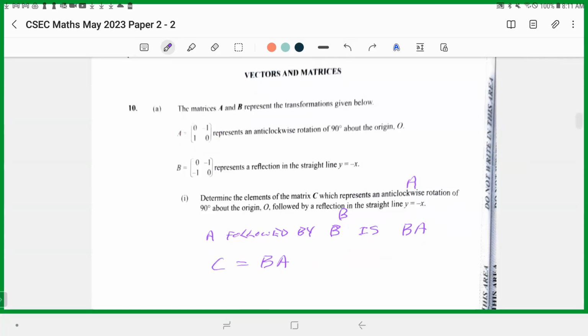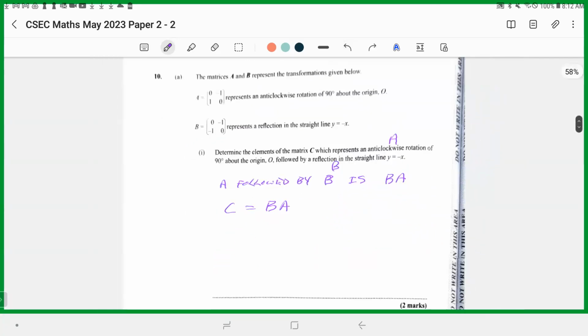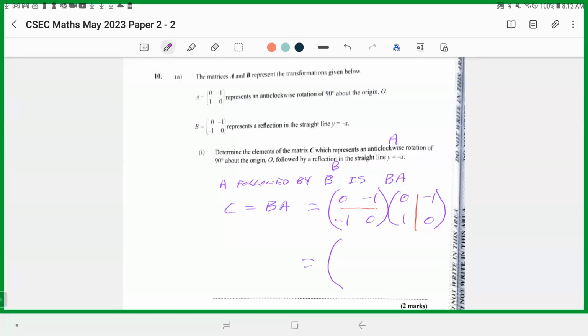All right, and you must get back one of those matrices that the formula comes with. So multiplying 0, minus 1, 1, 0 with 0, minus 1, 1, 0. Remember, when you multiply matrices, multiply the rows of the first matrix by the columns of the second matrix. So I'm just going to write what the answer matrix is supposed to be.